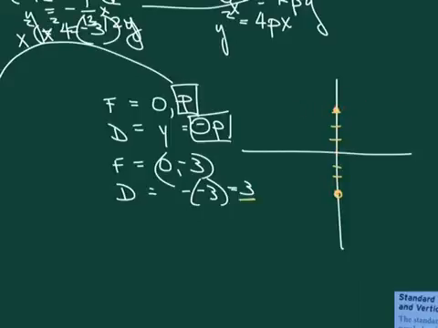That being the case, my directrix is never within my parabola. So I know it can't open this way because it puts my directrix inside. So it has to open this way. Notice my focus is 3 away from my vertex, and my directrix is 3 away from my vertex. So my directrix is 3 above, and my focus is 3 below, just like that.